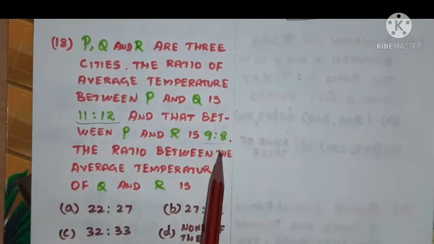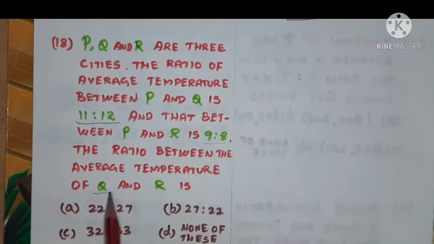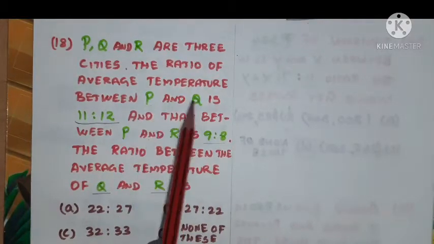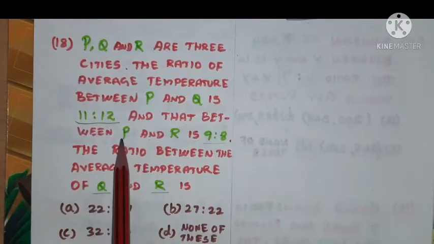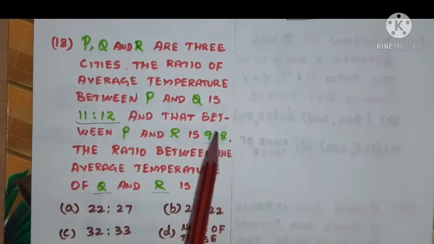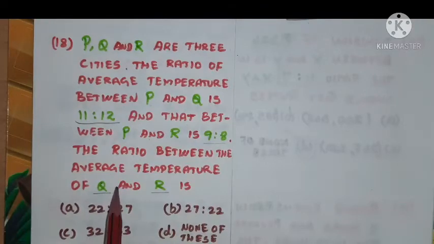The ratio between the average temperature of Q and R is, given options are option A 22 is to 27, option B 27 is to 22, option C 32 is to 33, option D none of these. So look out, they have given two ratios, P and Q is 11 is to 12 and P and R 9 is to 8, and they asked us to find out the ratio between Q and R.